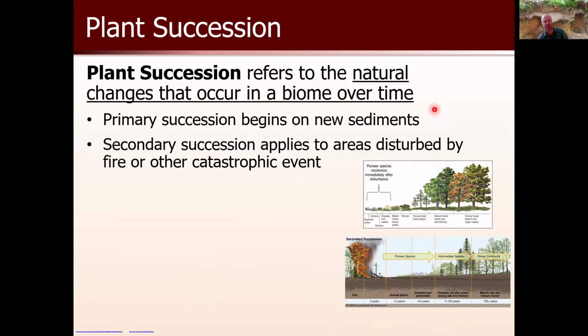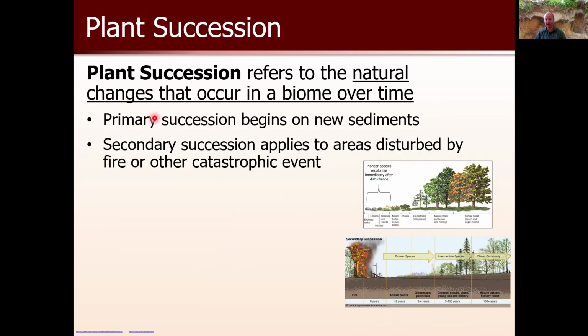After a major event like a fire or a landslide or a volcanic eruption, you're hitting the reset button on that community. So this sequence of succession happens, beginning with primary succession, where only pioneer species will vegetate these newly disturbed slopes.